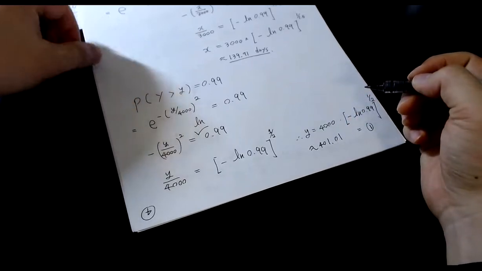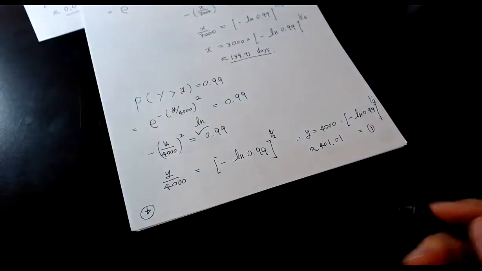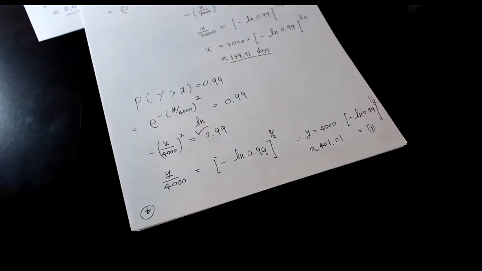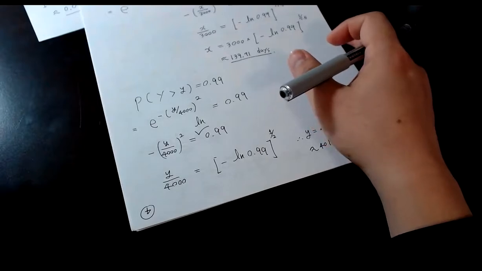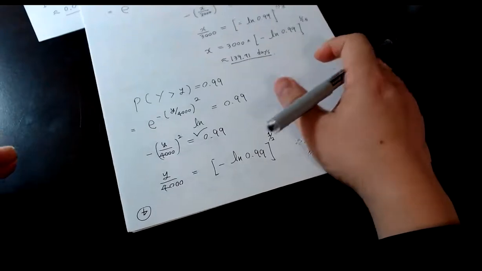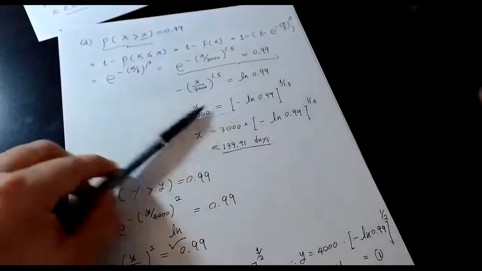So we can say the new starter motor following the Weibull distribution with delta 4000 and beta 2 has a longer lifetime. The new starter motor is of better quality than the previous starter motor, right? You can say that.